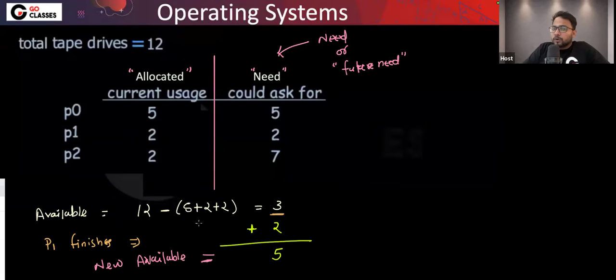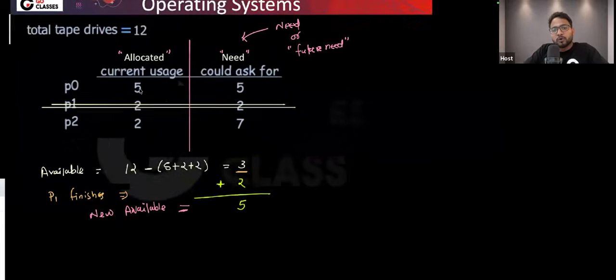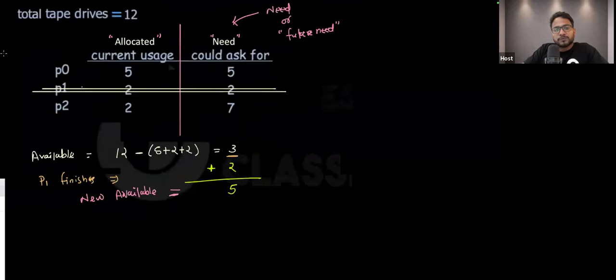Now what to do? With this 5, you can assume that P1 is finished, so you don't have to worry about P1 anymore. Now with this new available, out of 5 and 7, obviously 5 you can fulfill, which means P0 you can fulfill, right?